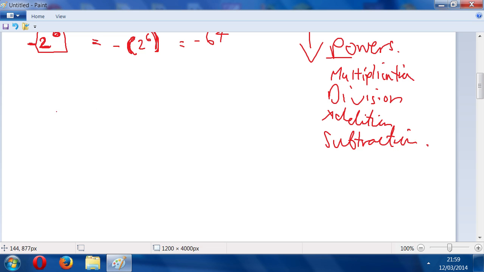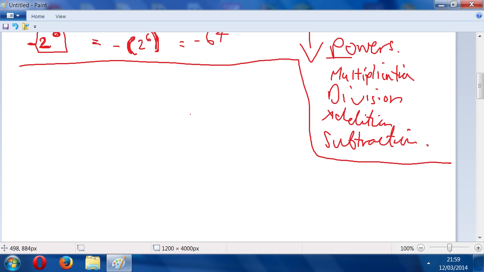Alright, so what else can I say? Alright, so let's look at certain things which are not equal to each other. So if we have AB cubed, we can say that's not equal to the quantity AB cubed.